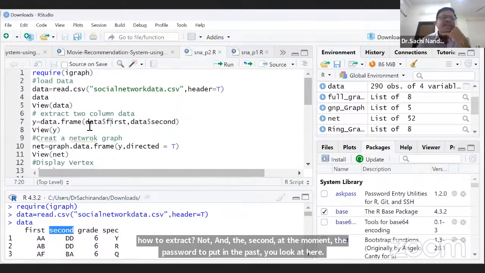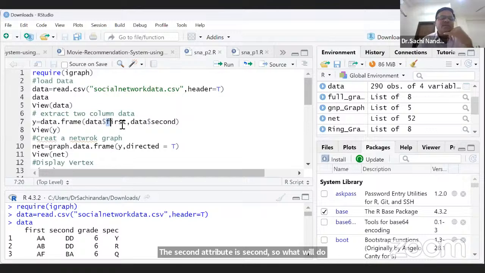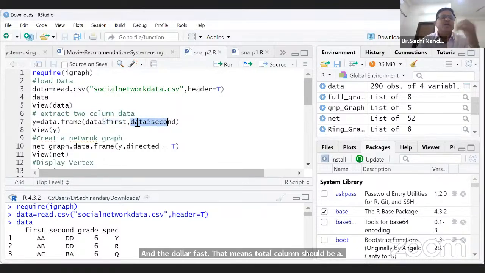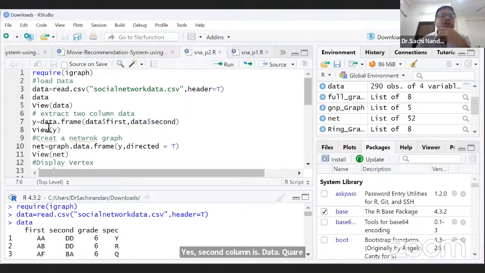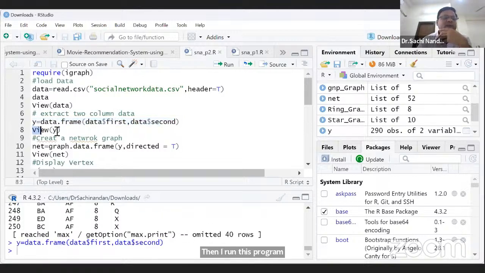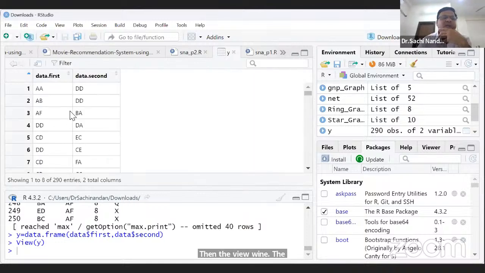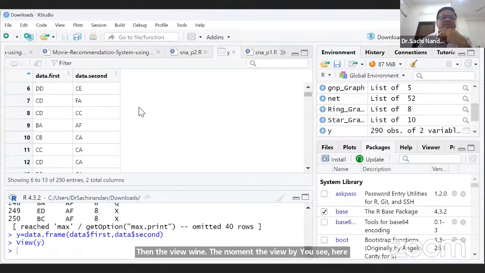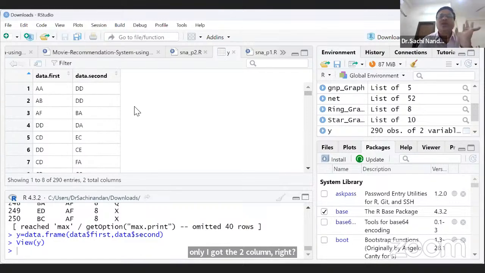So I extract data dollar first, that means the total column is extracted. Here the second column I extracted, and I put them in my own data frame, right? Then I run this program. Then I view y, and you see here I got only the 2 columns. The third and fourth columns I have not collected, because they're not required for me at the moment.